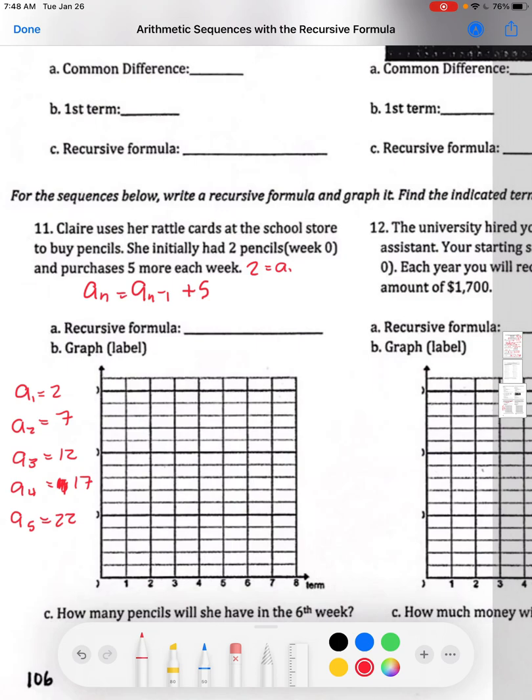I'm just simply adding 5 each week. I'm going to go all the way up to A6 just to be sure.